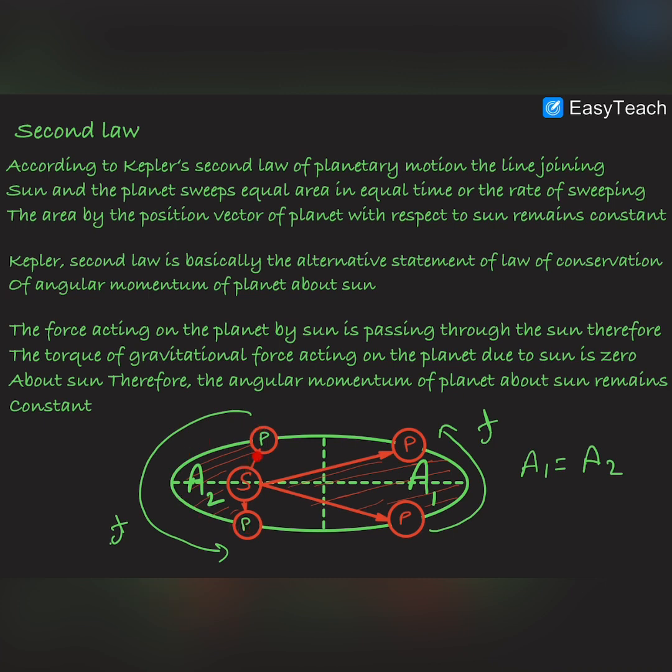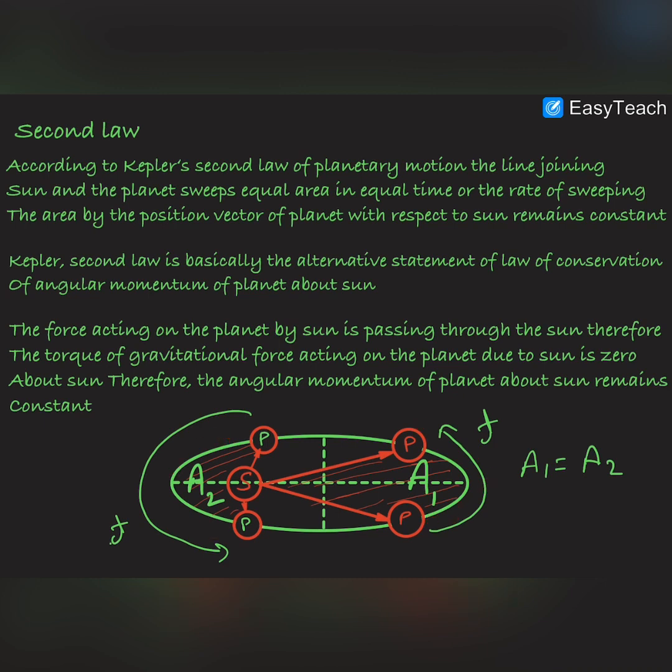You can see that the initial position vector was this, and it has revolved like this to this final position vector. In the same time, this position vector will sweep the same area, which means that the area A1 swept in this position and the area A2 swept in this position will be equal, because the time frame is equal.